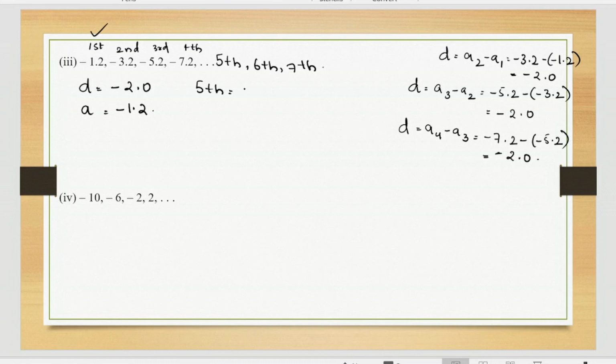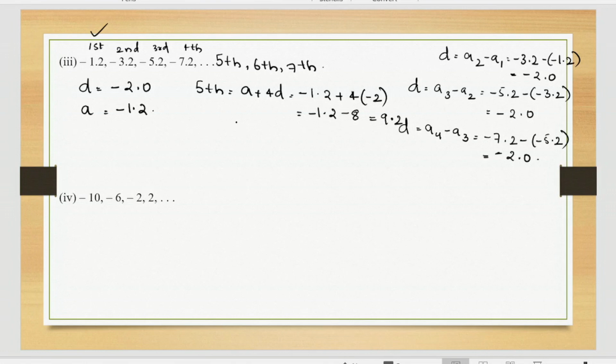Fifth term is equals to A plus 4D. Okay. So A is minus 1.2 plus 4 into minus 2, which is minus 1.2 plus 4 2's 8. So you will get minus 8. So this is minus 9.2. Okay. This is the fifth term.